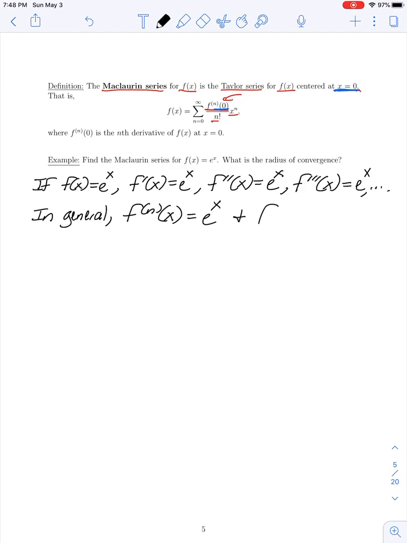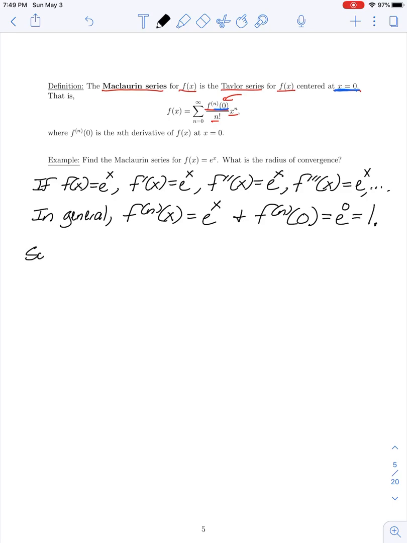And so if we were to evaluate this nth derivative at the given x value where we're supposed to center, and here, since we're asking for a Maclaurin series, we're talking about the Taylor series centered at 0, well, we would have e to the 0 power, or 1.